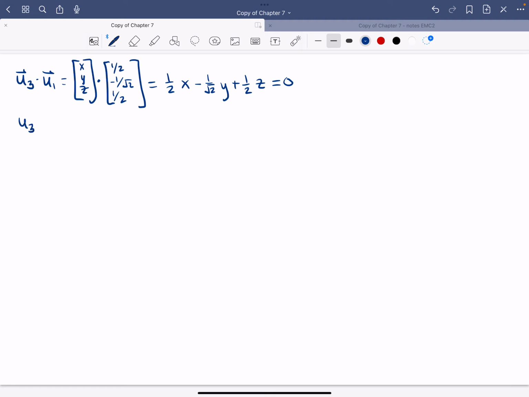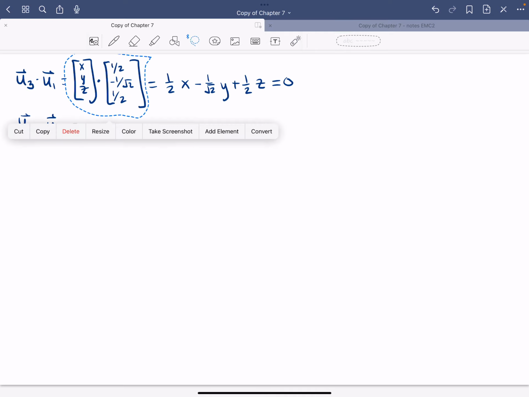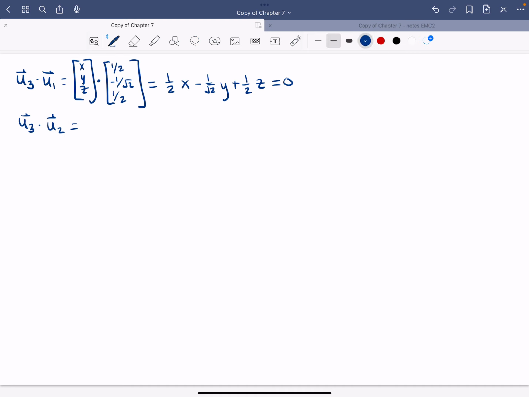Doing the same thing for u2 gives us something very similar. So it's negative 1/2, negative 1 over rad 2, and negative 1/2 again. So this gives us negative 1/2 x minus 1 over rad 2 y minus 1/2 z equals 0.